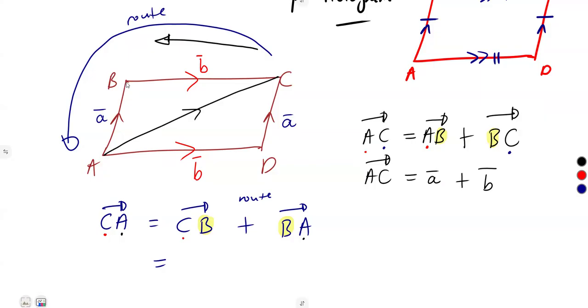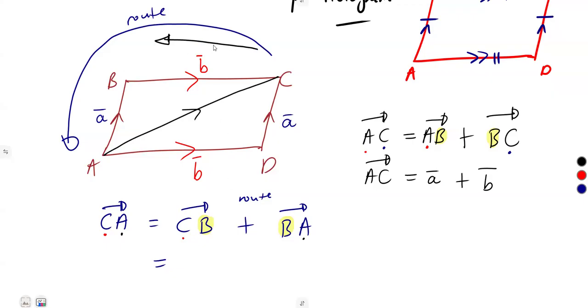But what is presented on our diagram? It is a vector BC. The arrow is from B to C on our diagram. But as we are moving this way, we are opposing the direction of what is on the diagram, and what we wrote here is opposing.